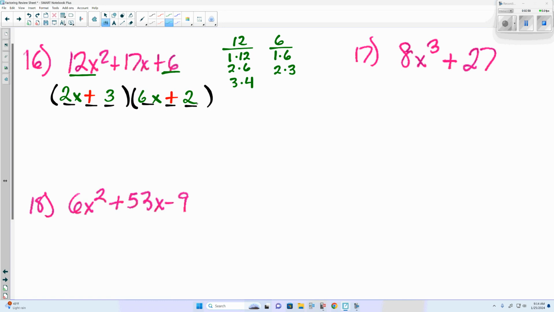We don't have a greatest common factor, yes? But 6x plus 2 has a greatest common factor of 2, yes? Okay. We can do 1 and 6. Well, if I put 6 here, greatest common factor is 6. Okay. Maybe I can put 6 here. Greatest common factor of 2. So I'd have to change the first ones.